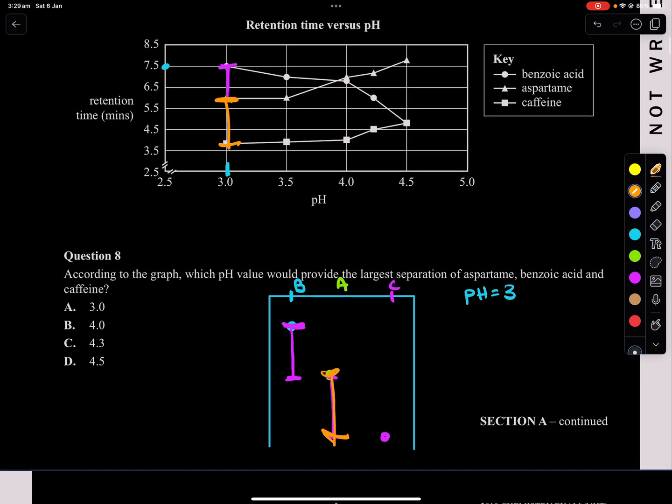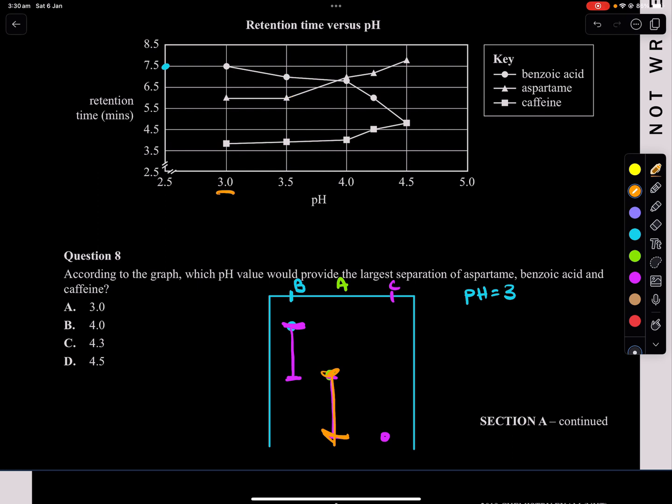In other words, this is giving us the separation distance. That's going to be helpful because we don't have to draw a lot of these diagrams for every pH. For example, this is widely separated from all of them, whereas here it gets less. The separation gets smaller in comparison to pH of 3.